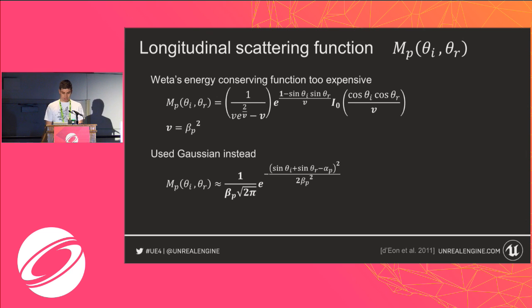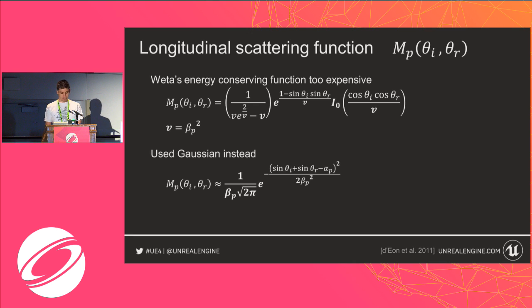First, the longitudinal scattering function. One of the improvements that Weta's model made over Marschner's original one is that there is an energy conserving longitudinal scattering function. Unfortunately, this is a bit too expensive for our purposes, especially since there's a Bessel function in there, the I0, that is just too heavyweight.